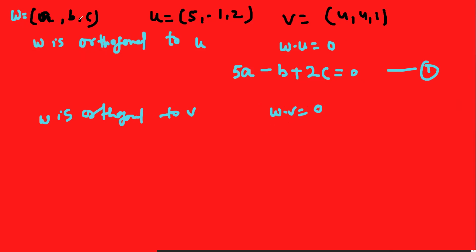When you multiply W with V, you will get 4A minus 4B plus C equal to 0, equation 2. With the help of equation 1 and equation 2, find the values of A, B, C.